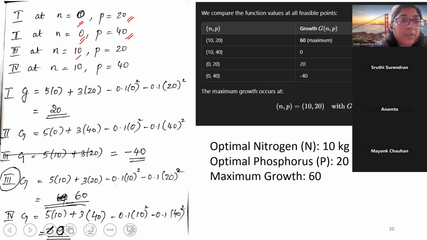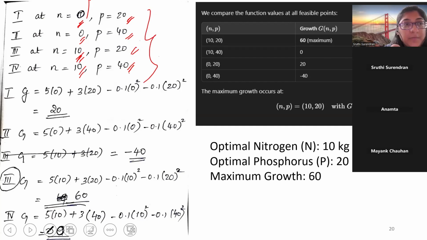Third, we will find the growth at the upper limit of nitrogen and the lower limit of phosphorus. And in the fourth step, the upper limit of nitrogen and the upper limit of phosphorus. Basically, we are substituting the constraints, 0 to 10 for nitrogen and 20 to 40 for phosphorus. So we get four solutions like this.